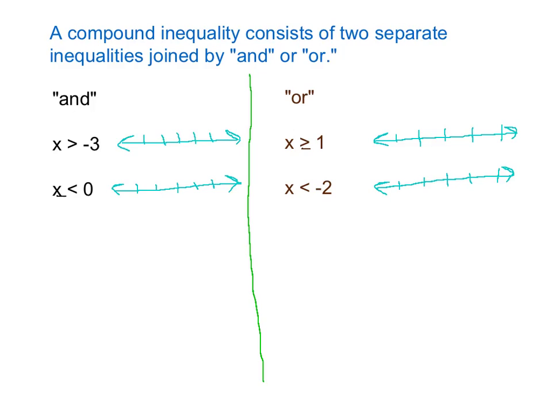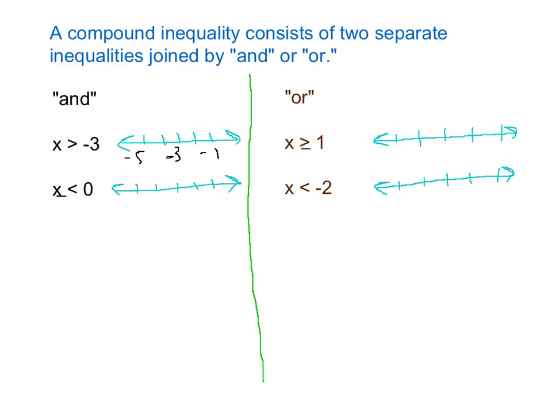If you look on the left side here, we've got two inequalities. We're going to put these together and join them by and, and show how that's done. So on the first one, x is greater than -3. Let's say here I'm just going to label this -3, -1, -5. I'm labeling my number line.